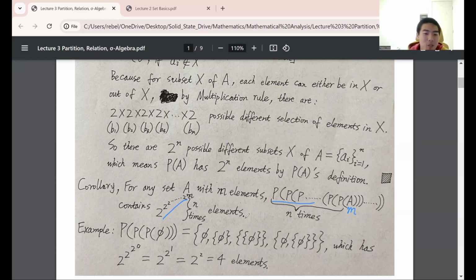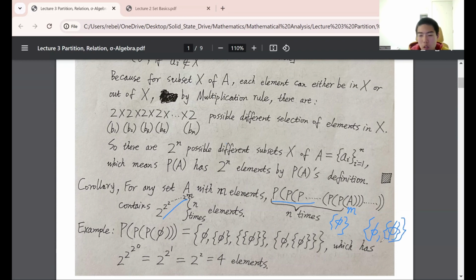We can look at one example. What's the power set of the empty set? The power set of the empty set is this one, the set containing the empty set. And what's the power set of this one? It has 2 elements: the empty set and also the set of the empty set.